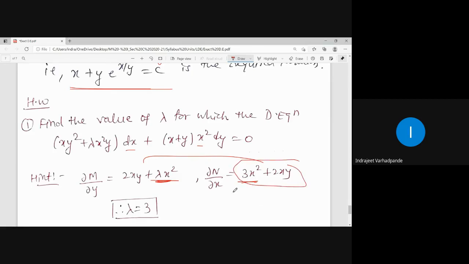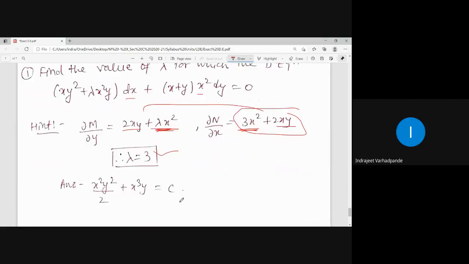So what does lambda come out to be? 3. 2xy common, so lambda x square equal to 3x square, meaning how much should lambda be? 3. And after that, your solution will be this. Okay? Note down the answer, solve it. I have given the hint.